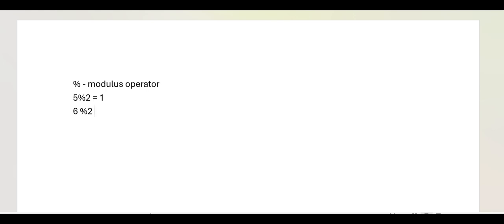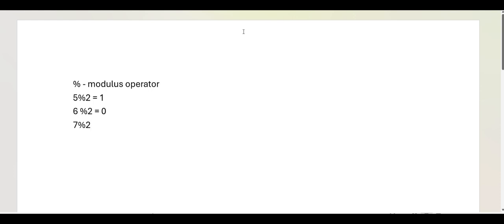All right, so pause the video and see if we can figure this out. All right, so 6 modulus 2 will actually give us back 0, right? Because 6 divided by 2 leaves no remainder. So 6 modulus 2 will leave us with 0. What about 7 modulus 2?